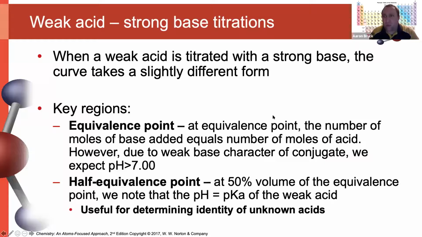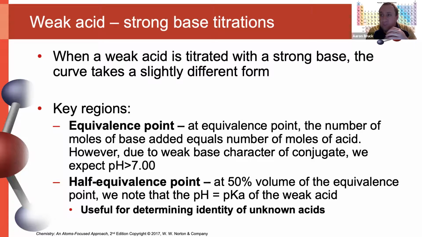Now, the last point we want to make, with regard to something that we're going to see in the in-person thermodynamics lab, is the idea of the half equivalence point. You're already familiar with the equivalence point in titrations. The equivalence point is just where we even out the amount of acid and the amount of base that has been added.